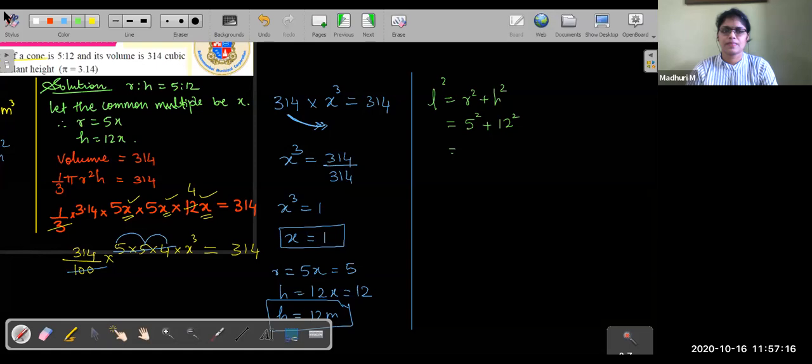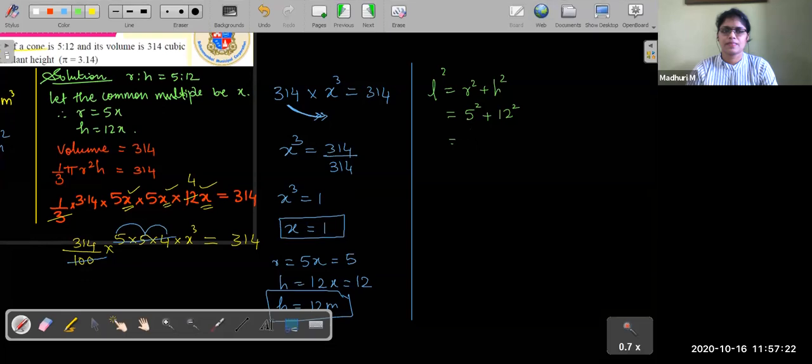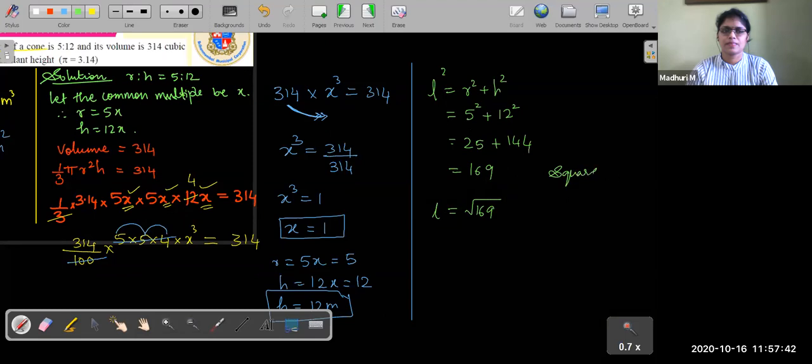Simple calculations. Those who are still struggling, let me help out. This would be 5 squared is 25 plus 12 squared is 144. Adding them up, you would get 169. And maybe some of you are struggling with the square root part. For this chapter, it is very important to memorize by heart squares and square roots till 25. At least till 25, you should memorize.